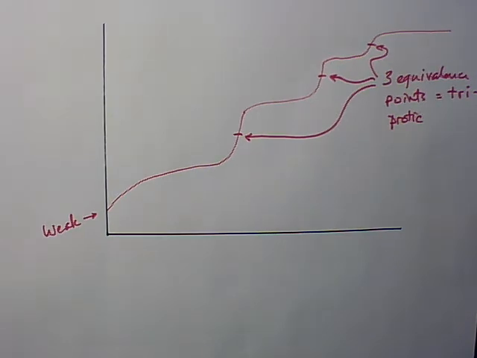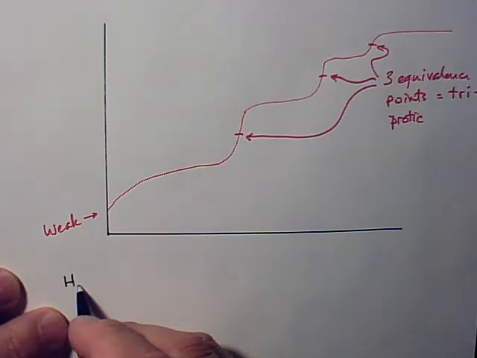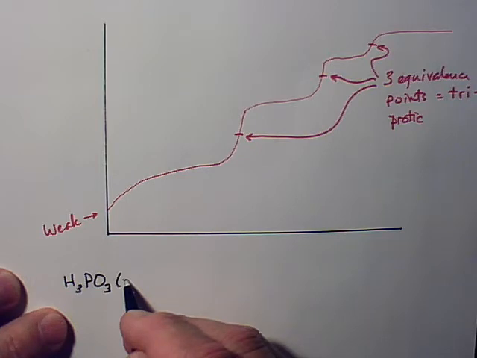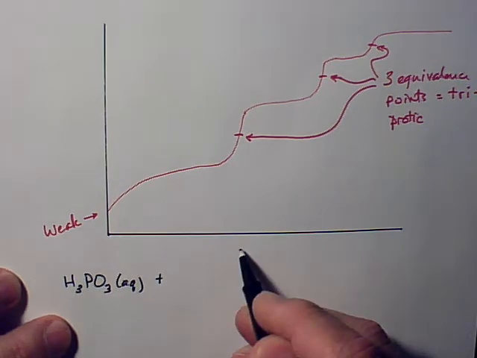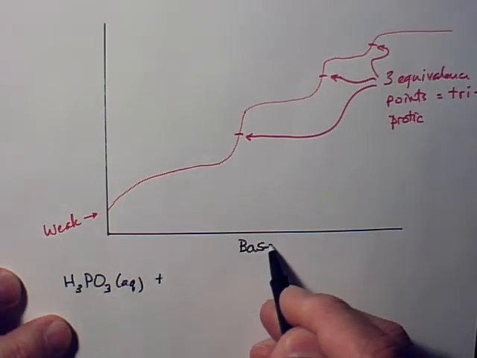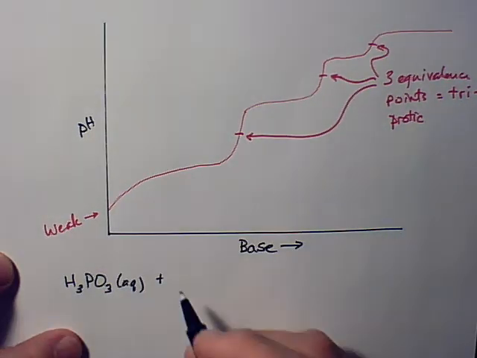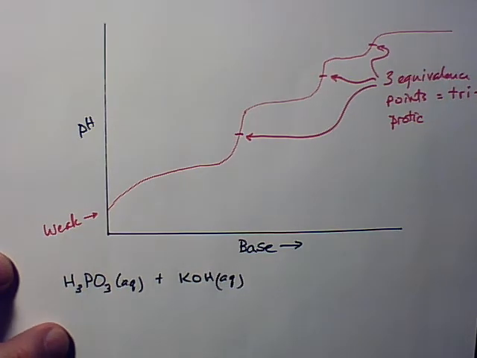An example might be phosphorus acid. And so as we add more base to the solution, I'm going to use potassium hydroxide again. The hydrogen ions are leaving one at a time, and the hydroxides are leaving all at one time.